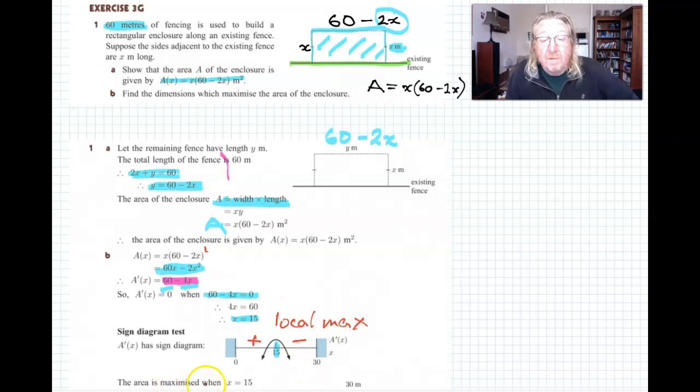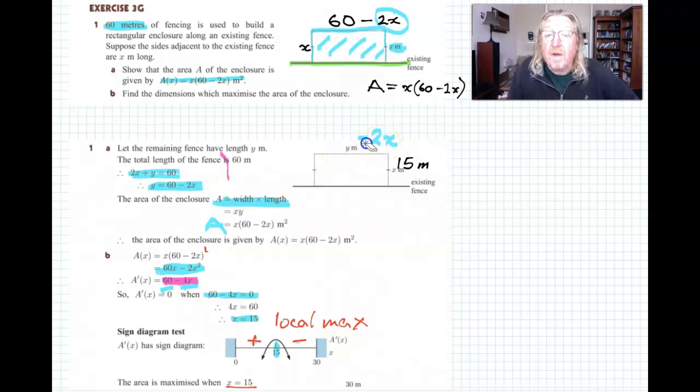So the area is maximised when X is equal to 15. And they've probably gone on to get the dimensions under that, but it's probably easier for me to just finish it here. So we've got a rectangle that is 15 metres there. So what's this length? 60 minus 2X is 60 minus 2 times 15. That's 60 minus 30, which is 30 metres.